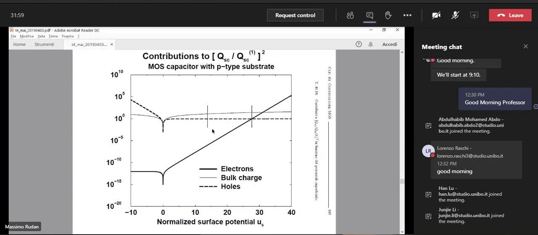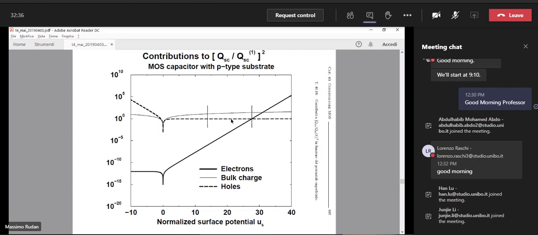Only when we reach this point, you remember the normalized value of 2 times phi f is about 27, okay? This vertical line corresponds to 27. So this is the threshold of the strong inversion, and the other vertical line corresponds to UF, and it is the boundary between depletion on the left and weak inversion on the right.